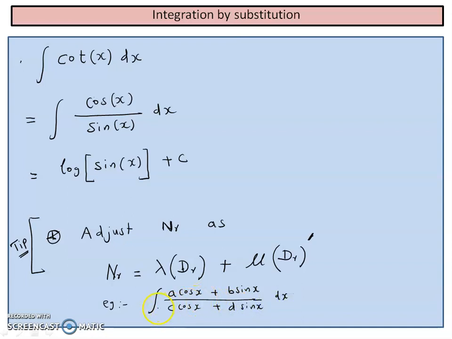If you get an example of this type, you have to use this particular methodology of adjusting the numerator and using the formula which we had seen.